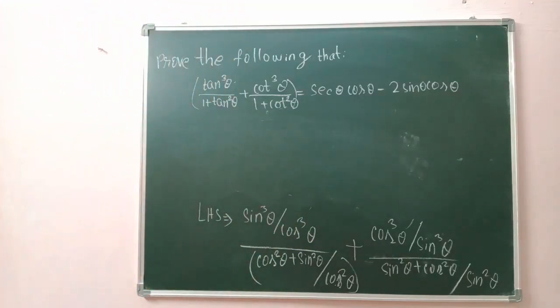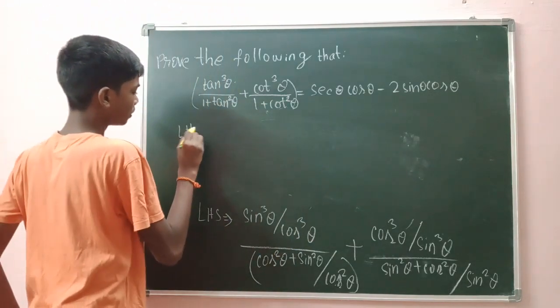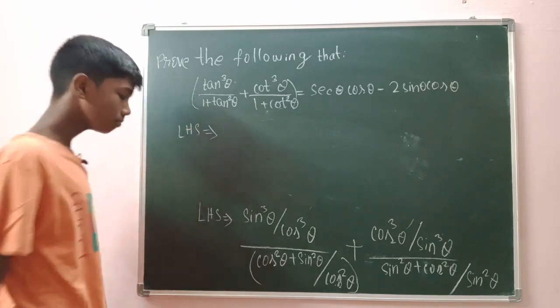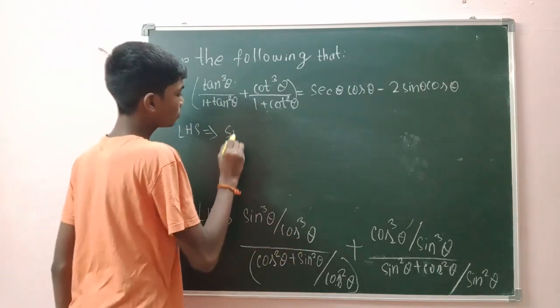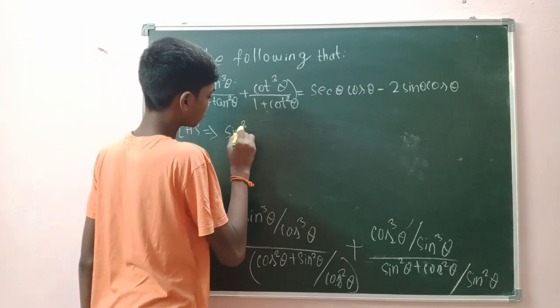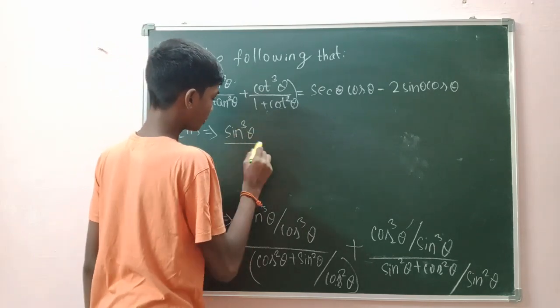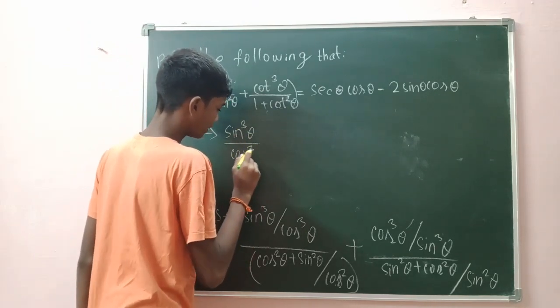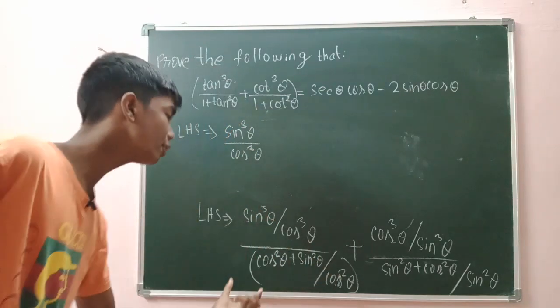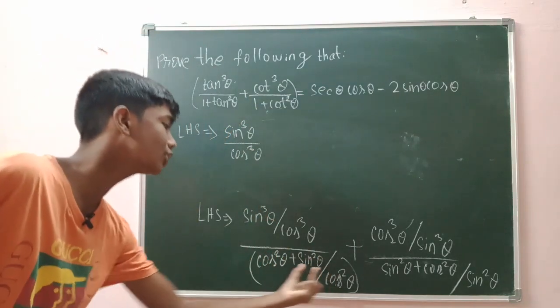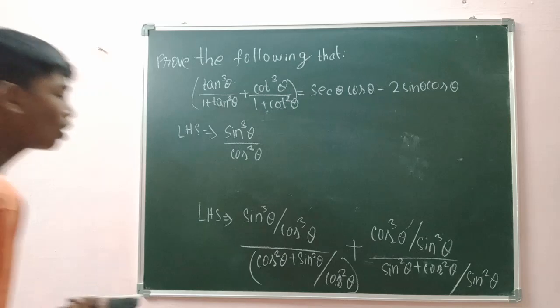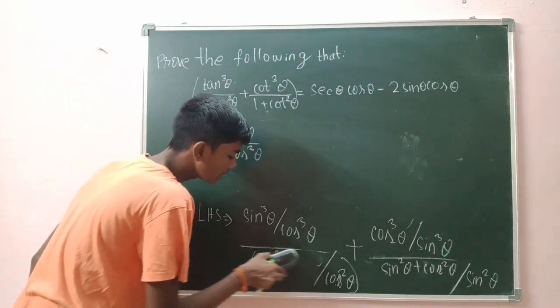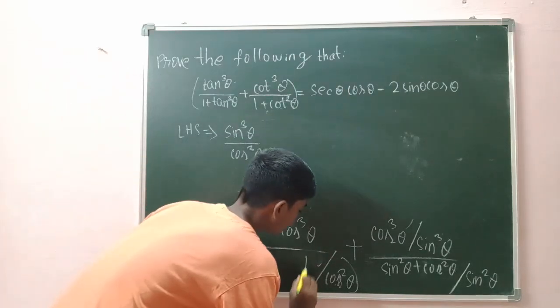Now let me rub these things. Now this same LHS I can write it as, see, sin cube theta by cos cube theta, then divided by the whole divided by cos square theta plus sin square theta divided by cos square theta. This cos square theta plus sin square theta is nothing but one Pythagorean identity.